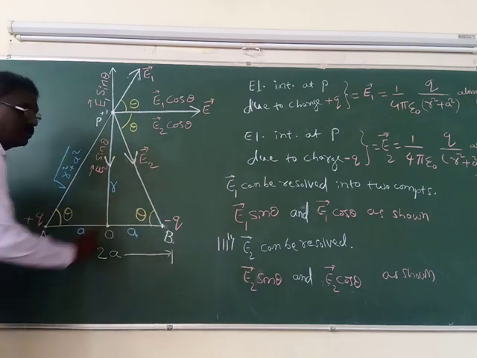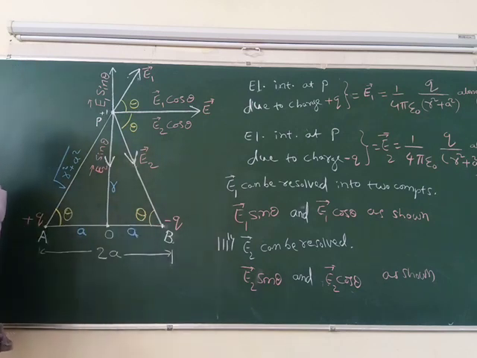Plus Q and minus Q are two point charges separated by certain distance, which constitute electric dipole. What is the distance between them? 2a. What is midpoint of the dipole length?